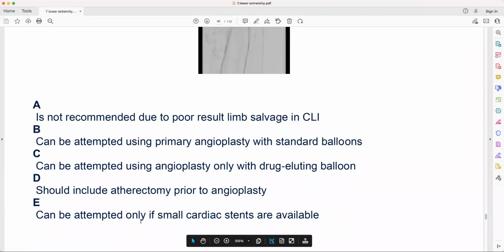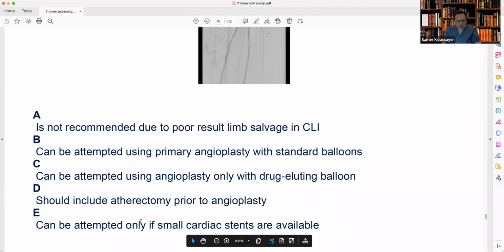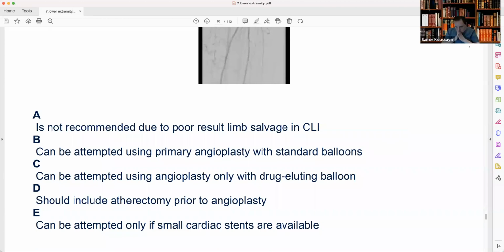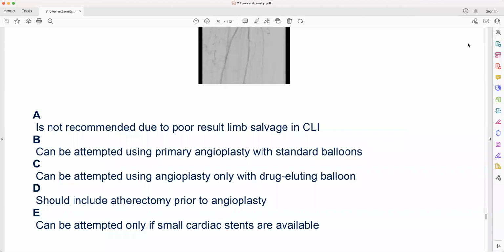Ali, do you have anything to add, Ali? Good evening, I'm following. I use some cardiac stents, sometimes drug-eluting with the sirolimus cardiac stent, because I think they are better than paclitaxel in these cases.